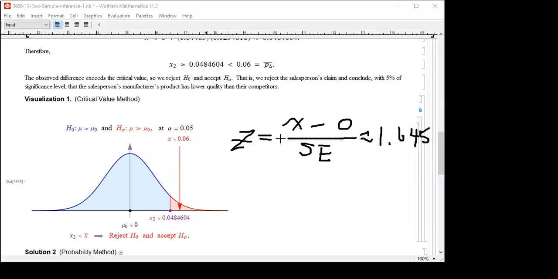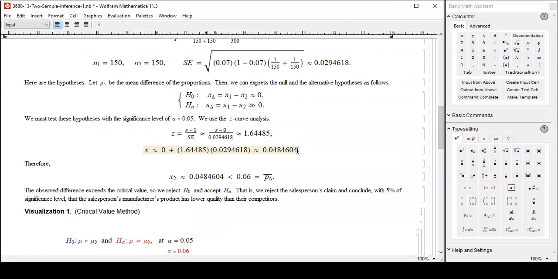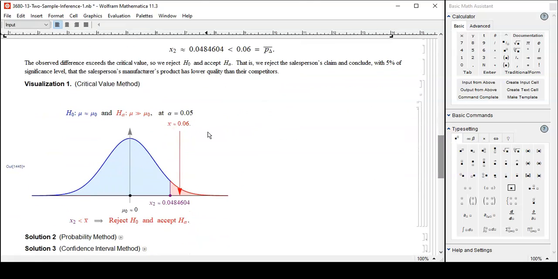From here you can find out your X value, the critical value. If you do it, the standard error was 0.029 something, so you can calculate it. You're going to get 0.04846 something, as you see here, or as you see in this computation. So you can compare that with the observed difference of proportion, which is 6% point, and that falls in the alternative territory, too far away from the null, so we reject the null and accept the alternative hypothesis.